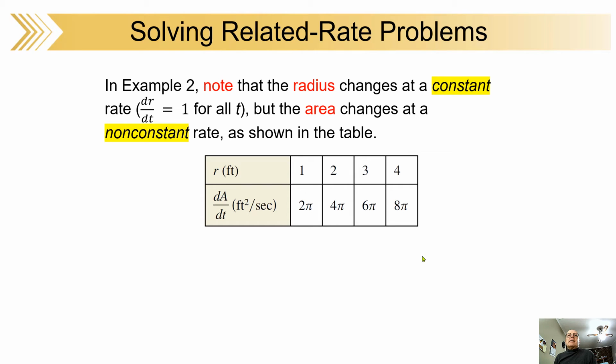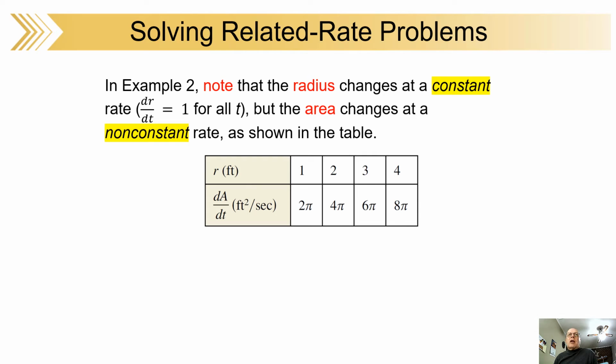Now you can take a look at some of the numbers that you're getting. You can take a look at what's happening when the radius of the ripple is 1 foot, when it's 2 feet, when it's 3 feet, when it's 4 feet. What's the area?